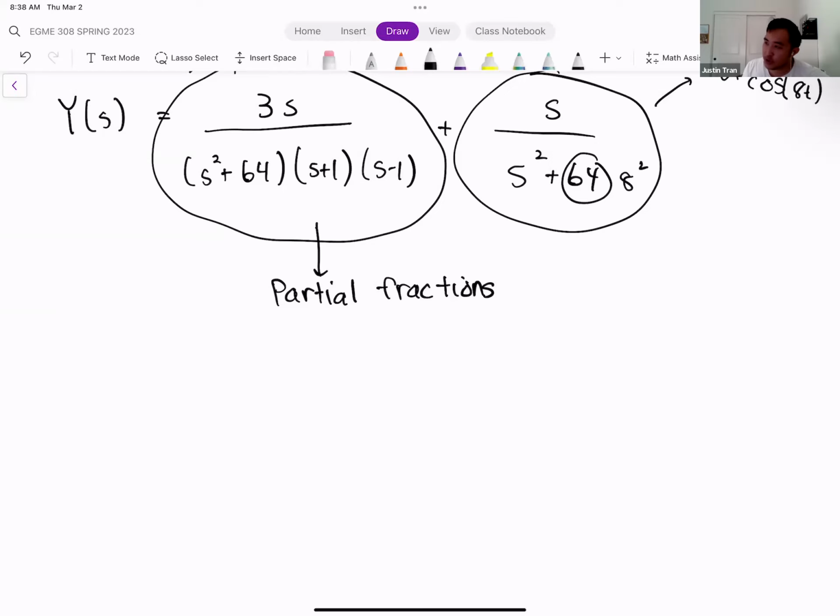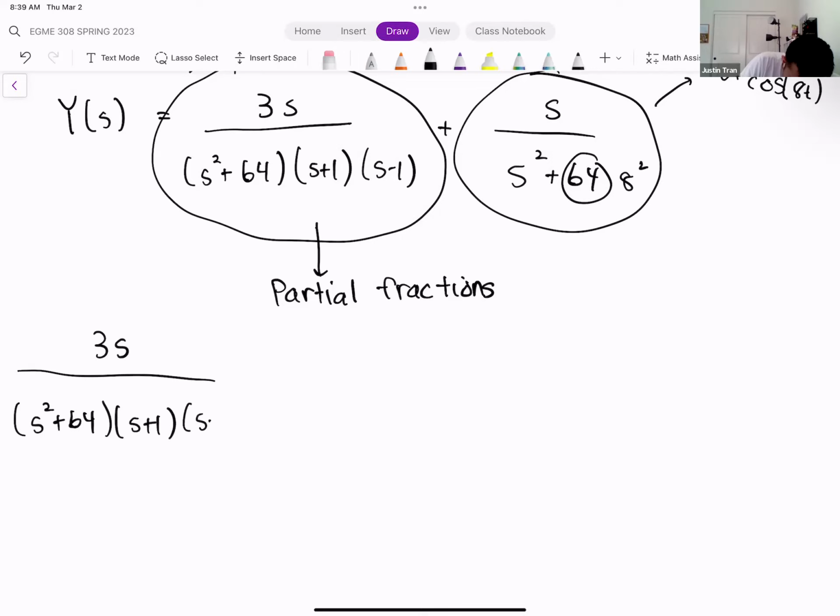Let me show you the form. So 3s divided by s squared plus 64, s plus 1, s minus 1. This is going to end up splitting into 4 different terms. Our first term is over s squared plus 64. We can't factor that one because it's an unfactorable quadratic.